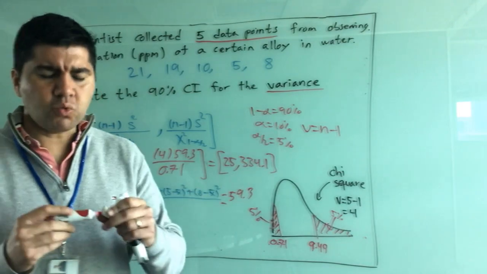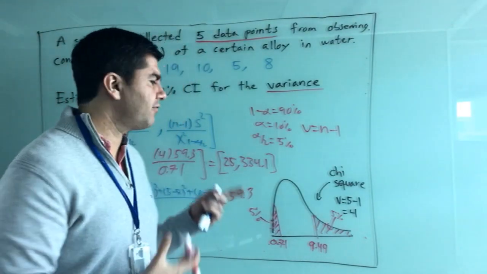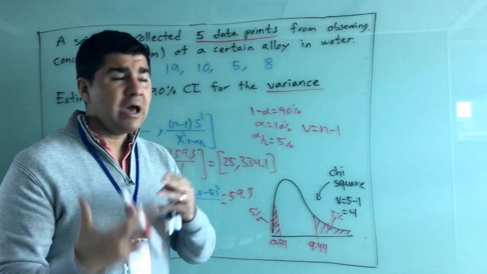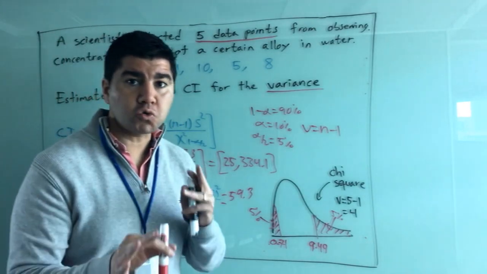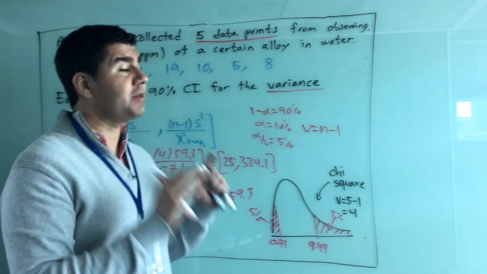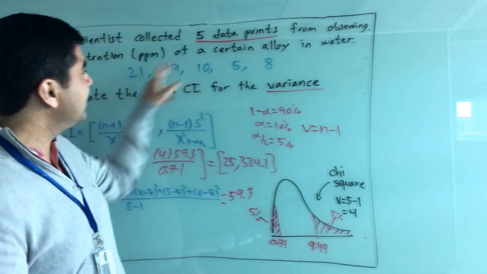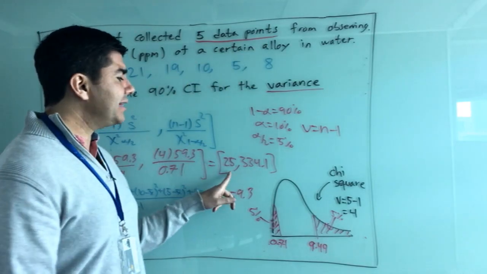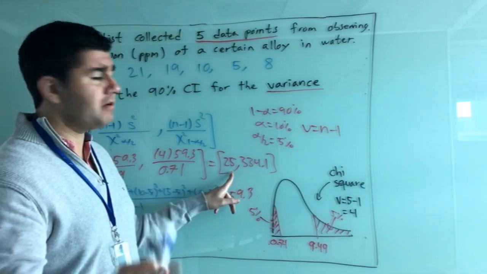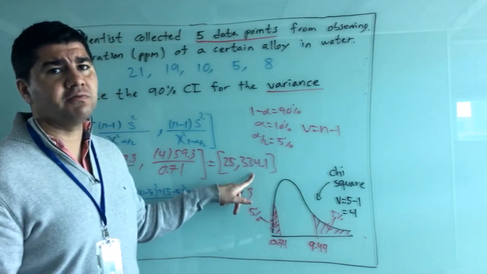This is just telling us the confidence interval for the variance. In other words, we are 90% sure that the real variance of the population, not just these 5 elements, is located between 25 and 334.